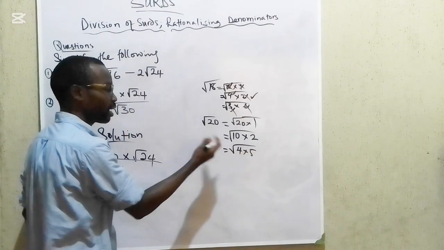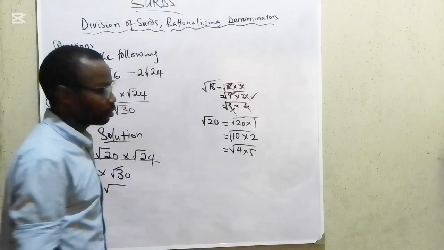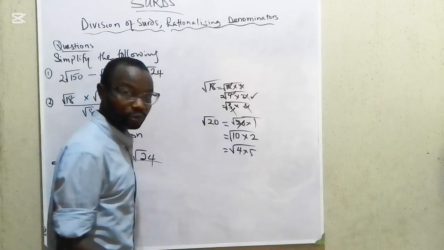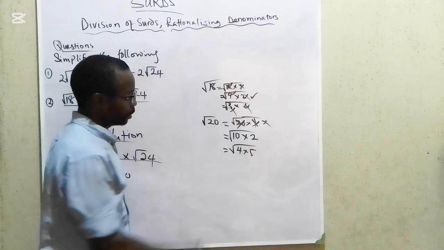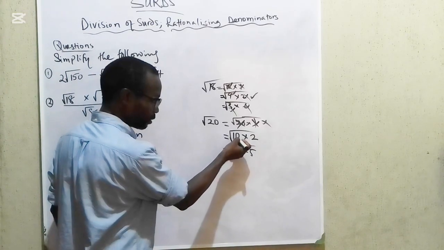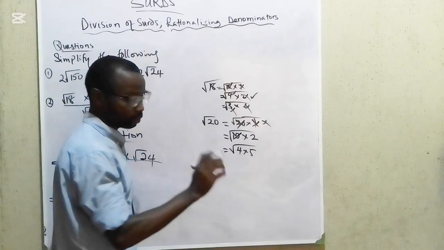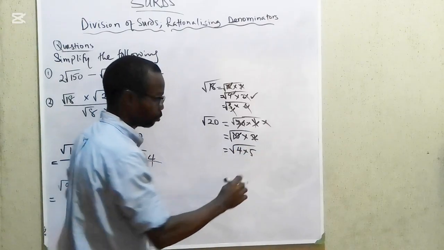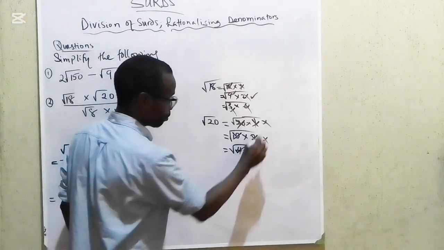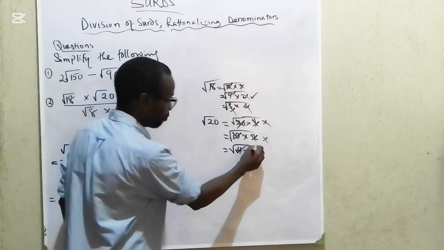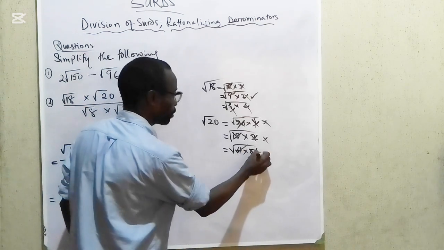So which of these has a number that has a perfect square root? 20 doesn't have a perfect square root, 1 doesn't have one, so this pair won't work. Then 10 doesn't have a perfect square root, and 2 doesn't have one, so this pair won't work. In this pair, 4 has a perfect square root, which is 2. 5 doesn't have a perfect square root, but at least we have something.